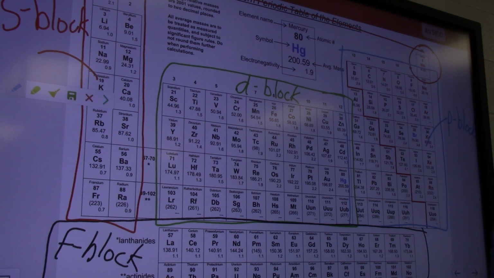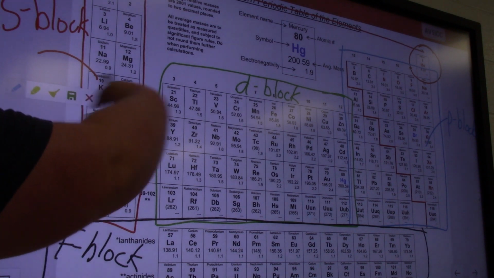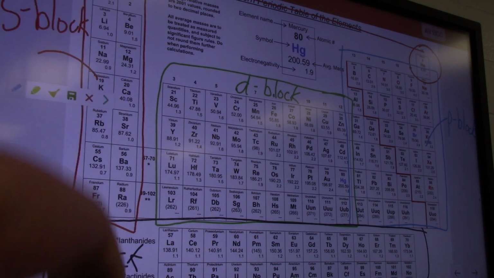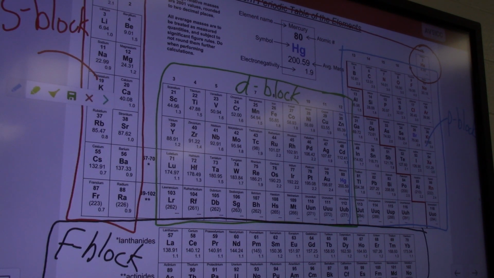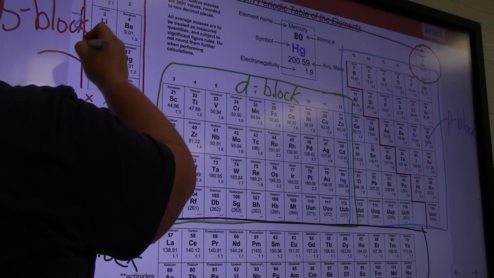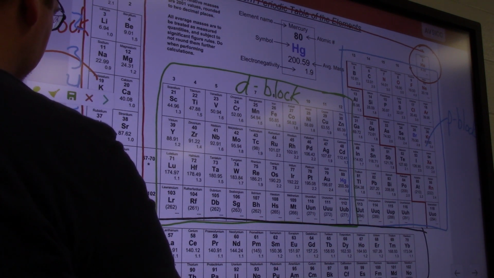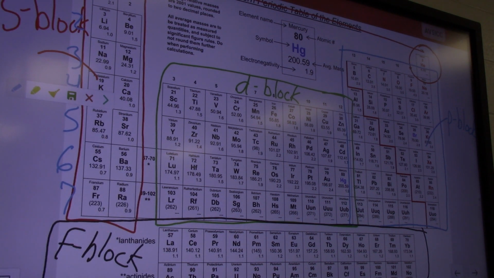So, let's check it out. Rows are left to right. Columns are up and down. What row is this? 1, there's 2, 3, 4, 5, 6, and 7. So there's the rows of the periodic table.